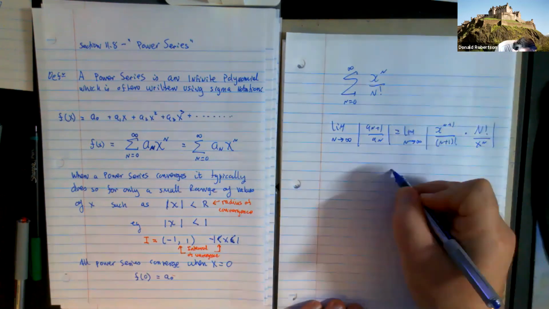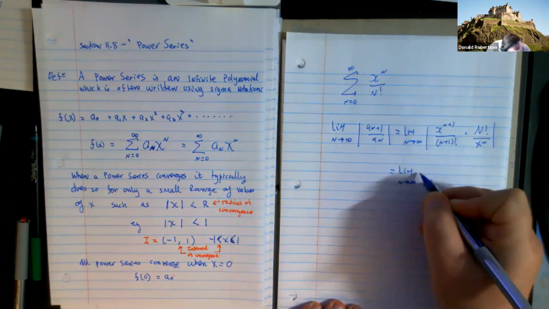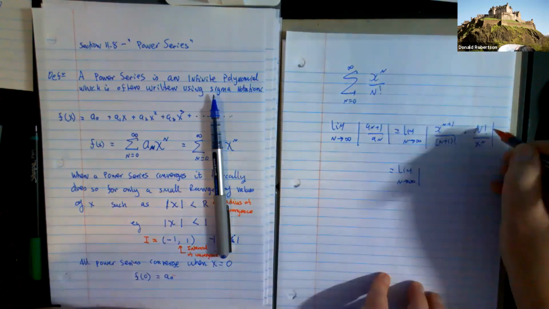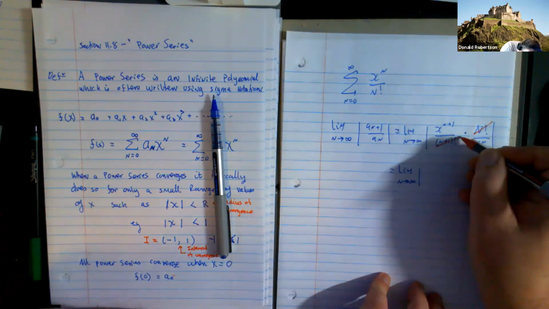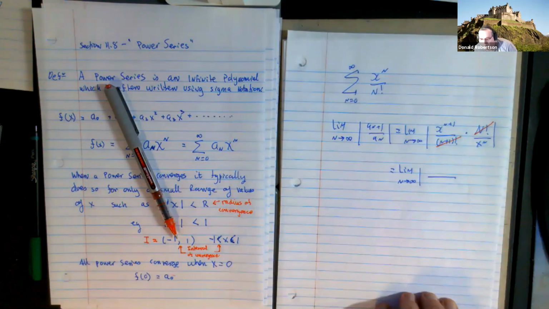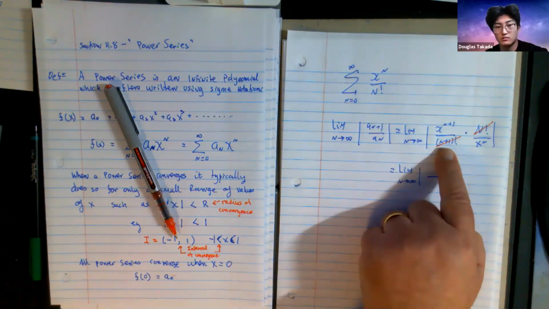Okay, let's do some cancelling here. We've done factorials being cancelled before. This is n factorial. This is n plus 1 factorial. When you cancel those two guys out, what's going to be left on the bottom? n plus 1.